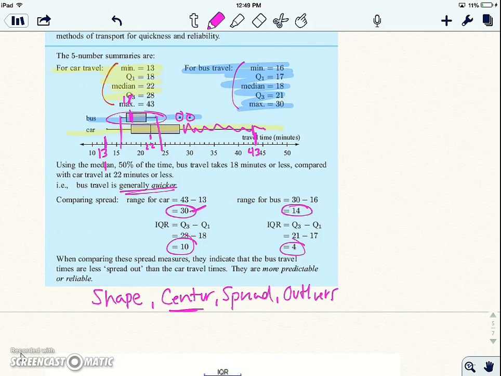The centers were definitely lower, and the spread was lower. And then, yes, the bus had outliers, but actually that's in its favor, because even its couple of outliers were lower than almost 25% of the car data. So in this case, it is much more reliable and quicker to take, not a car, but a bus.